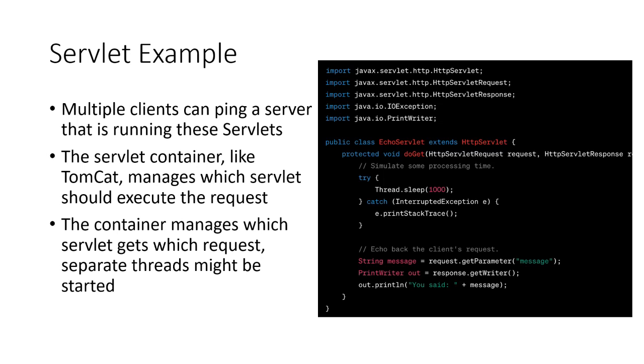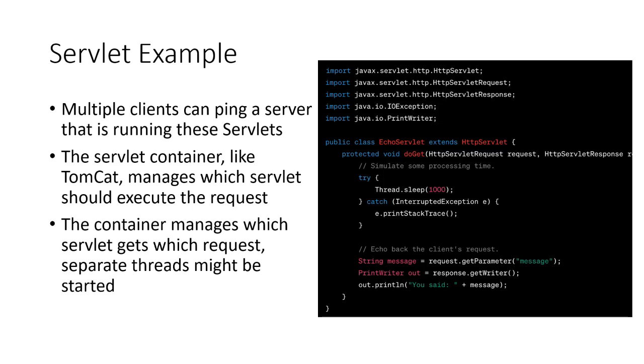The servlets that you have created that are being used in your web server are managed by the servlet container, something like Tomcat. You might see this when you run a Java program and it says, Tomcat server started at port 8080. I think that's a common thing that's mentioned when you run a Java program. That container is managing the collection of servlets, and it's managing which servlet should execute which request.